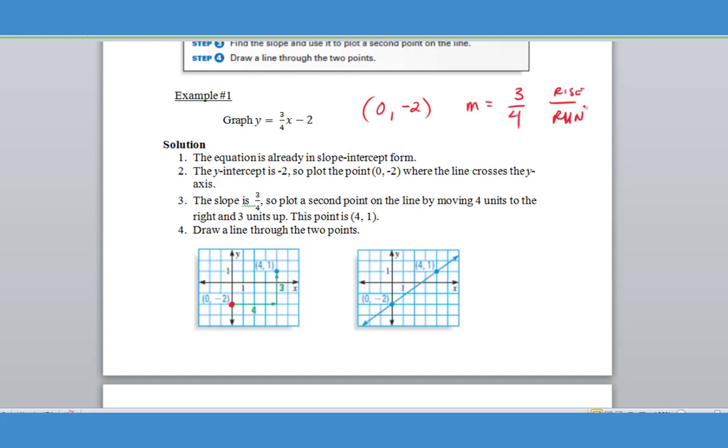If we count the rise up first and then over for the run, or the run first and then the rise, we're going to end up with a second point. You only need 2 points to define a line, so this would be plenty to draw the line. If you felt more comfortable counting a third point from slope, that would work just as well. Then you would simply draw the line through the given points.